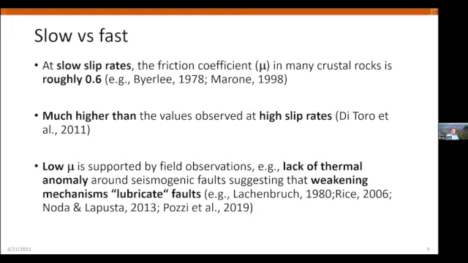And the fact that there are weakening mechanisms is also supported by field observations. For example, the lack of thermal anomaly around faults once there is a big earthquake, right? In other words, if the friction had always been 0.6 in the subsurface, during a big earthquake we should see an increase of temperature higher than what we observe.